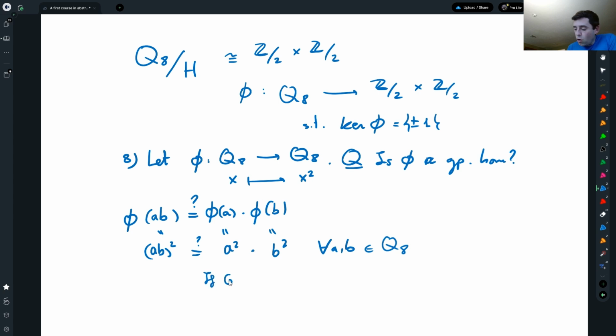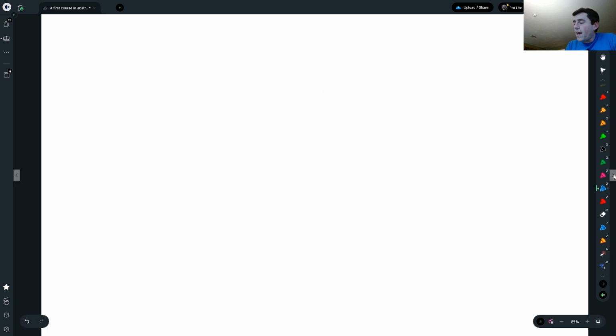If G is commutative, we do have that AB squared, which is ABAB, is the same as A squared B squared. But for this we're using that the group is abelian. Without that commutativity, that is not necessarily the case. For example, I times j squared is k squared, which is minus 1.